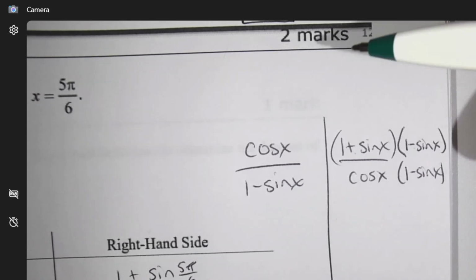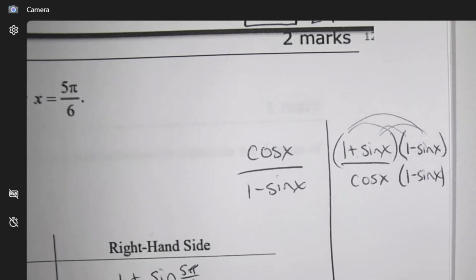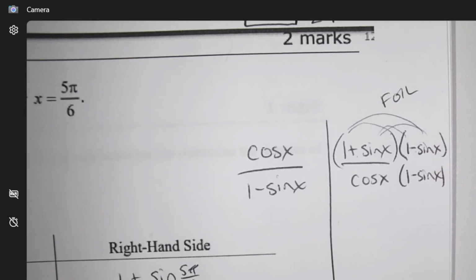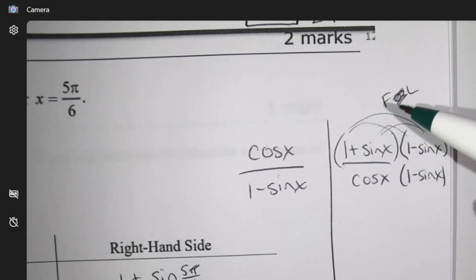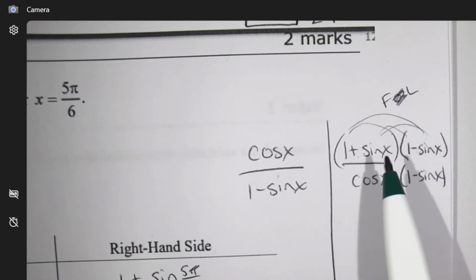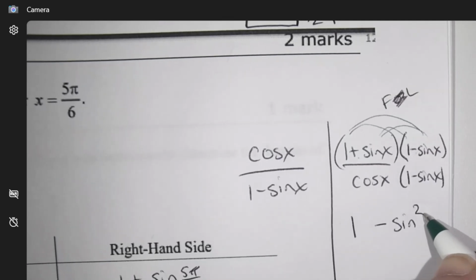Okay, when we work with this, we're going to FOIL it. But there's something special about foiling with conjugates. The middle terms always get canceled, like a difference of squares. This and this will always be opposite and get canceled. So if I flip it, it would be 1 subtract sine squared.